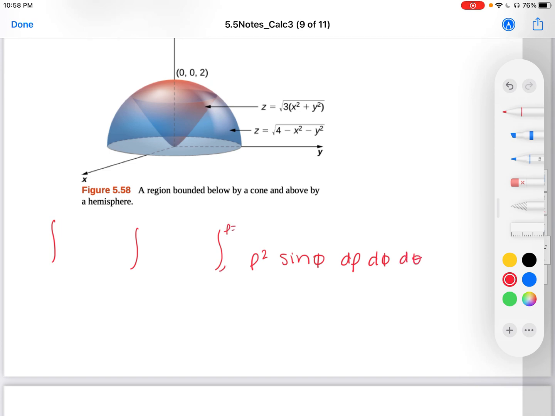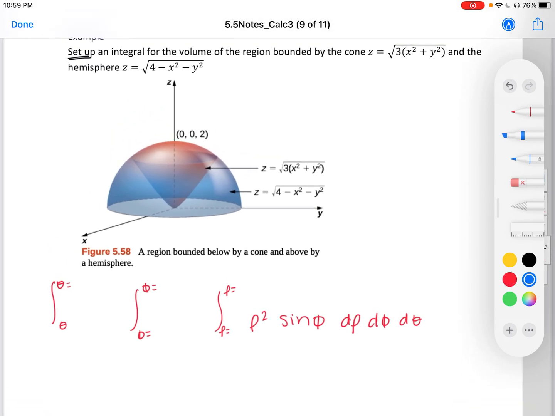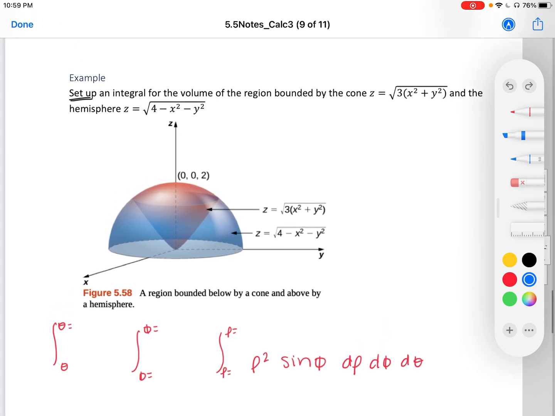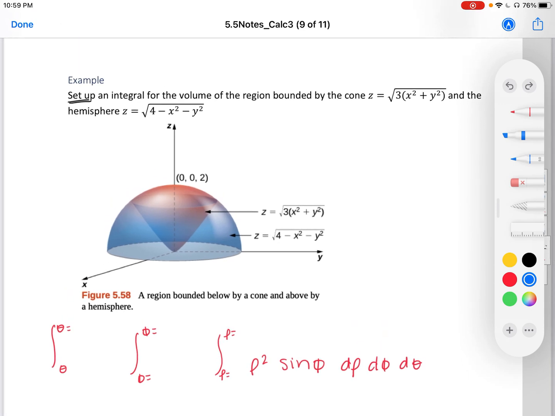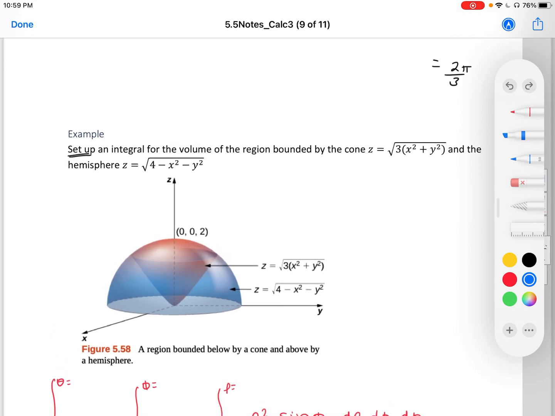We need to find our bounds for rho, for phi, and for theta. Theta, we know, is just the span of our angles. Our job here is to figure out what these values are. Okay, let's begin. It says that our integral is bounded by the cone. So we have this cone here.